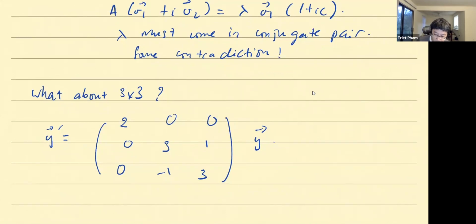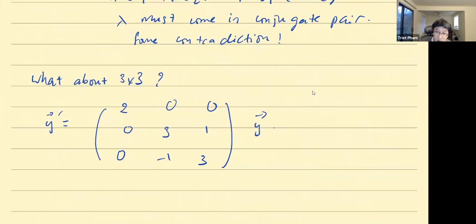For those of you who are interested in linear algebra, this matrix has something called a diagonal block structure. So basically, I'm just reducing it down to a 1 by 1 and a 2 by 2. But just to demonstrate an example, all the examples would come down to that. What I want to say is that in a 3 by 3, the statement I said before holds in general.